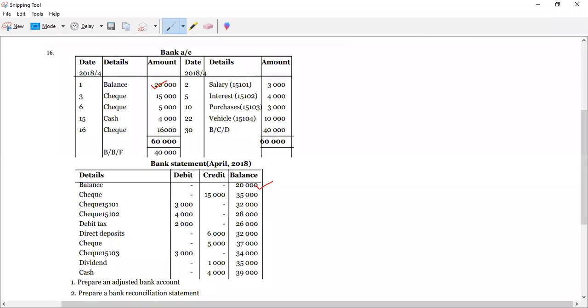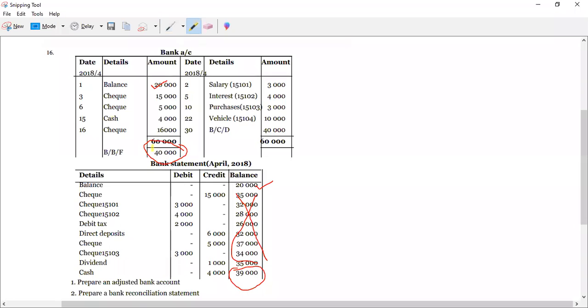But in the bank account, the closing balance is 40. In the bank statement, the closing balance is 39. These balances are not necessary for us. They will be given, but we don't need to worry about them.